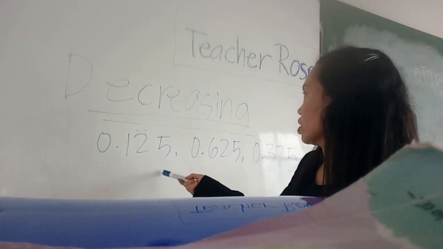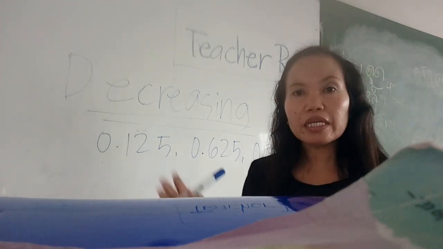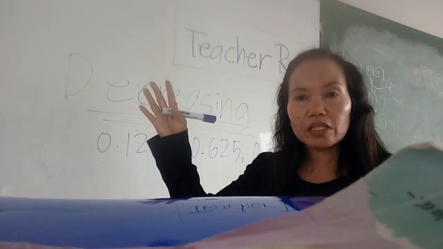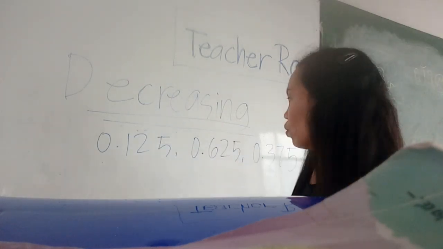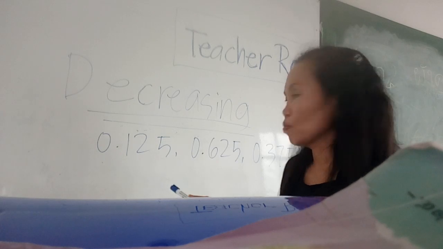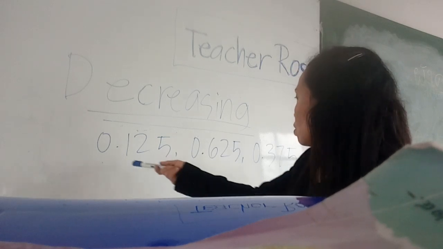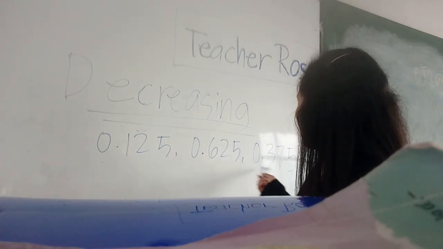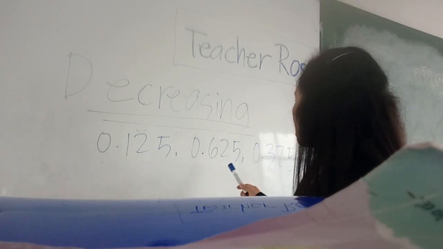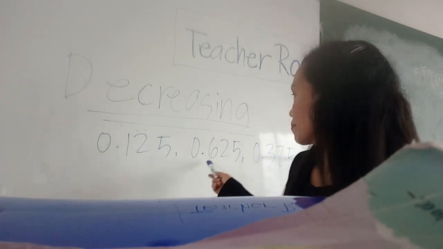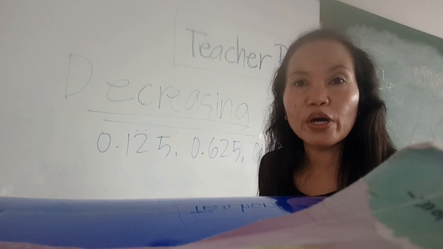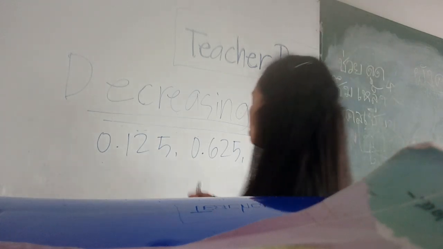Okay, because decreasing, class, we will start from the biggest to lowest, or smallest. So which is the biggest here? Of course, it's 0.625. Good job.